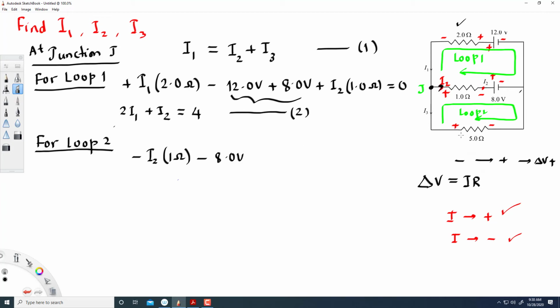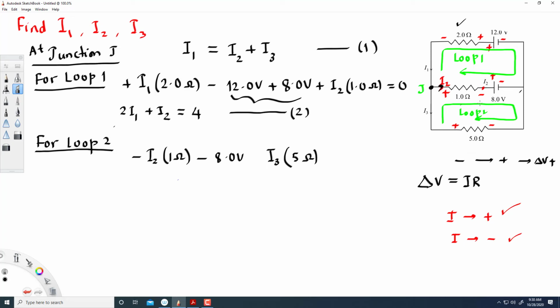The next one is this resistor, and delta V in this resistor is I times R. I is this I3, flowing in this part of the wire. So I3, and R is 5 ohms.